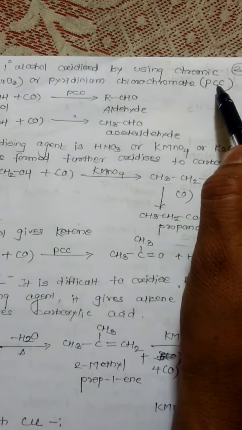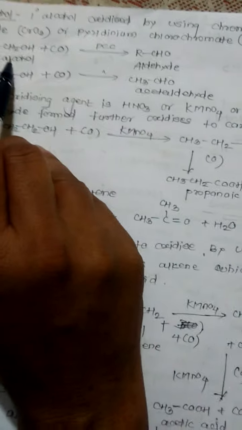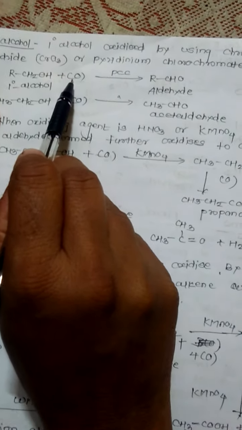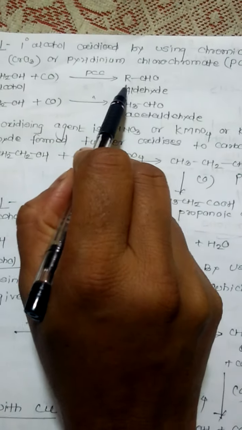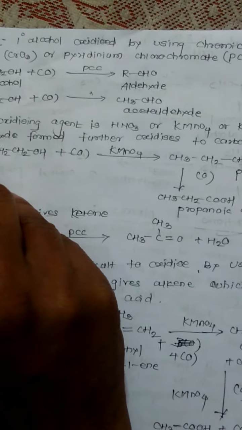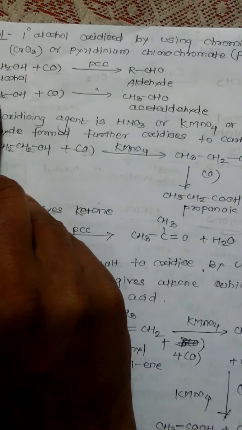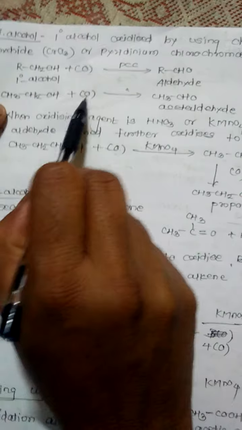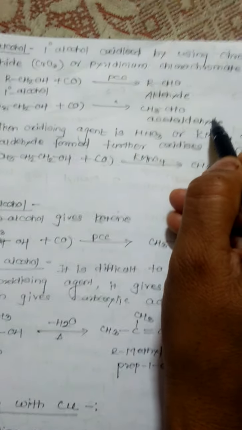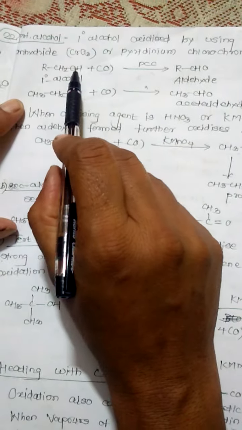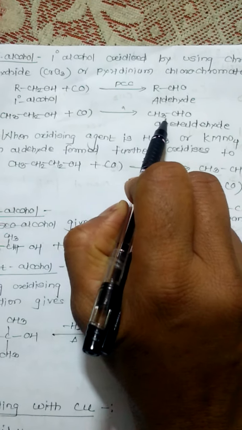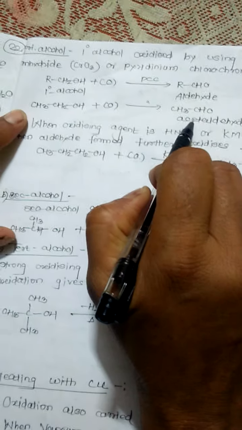In the general reaction, a primary alcohol undergoes oxidation to form an aldehyde. An example is ethyl alcohol, a primary alcohol, which undergoes oxidation to form acetaldehyde. Any primary alcohol on oxidation forms the corresponding aldehyde.